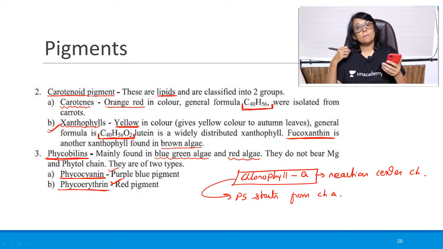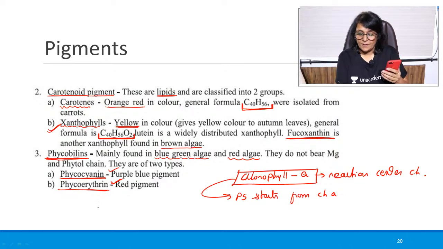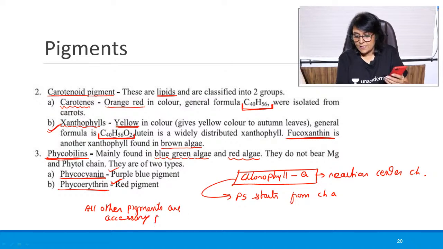What are the other pigments doing? The other pigments are helping pigments. All other pigments are accessory pigments.